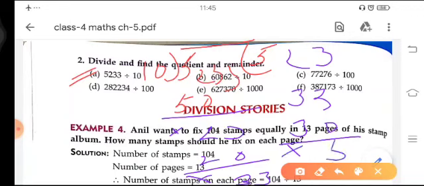So we are getting 3 as a remainder, as we can see in the example. Okay, and our quotient is 523 and remainder is 3.